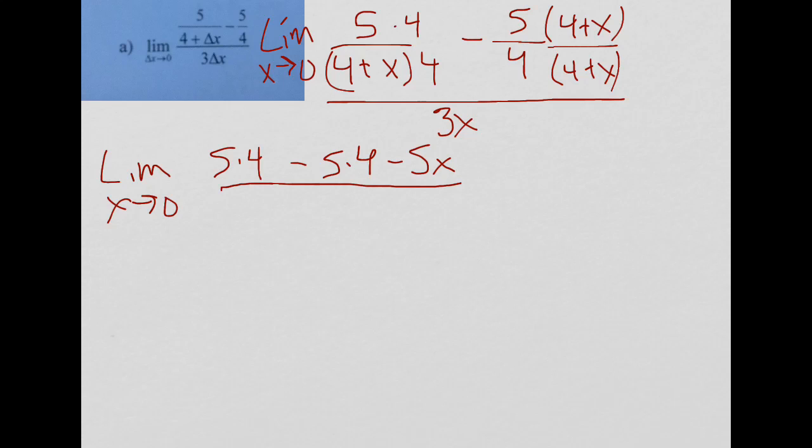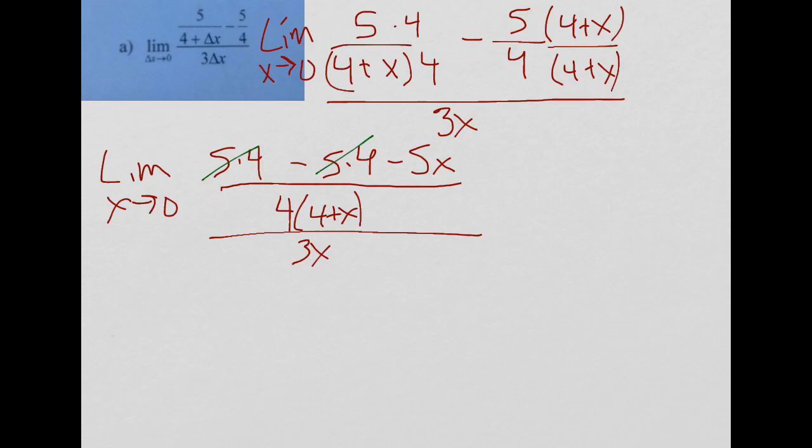So my common denominator is, I'm going to write it as 4 times 4 plus x, because I like to have that piece out front. And this is all over 3x. Now, it sort of looks a little messy, but look, I got 5 times 4 minus 5 times 4. I don't even have to multiply it out. I know that they cancel.